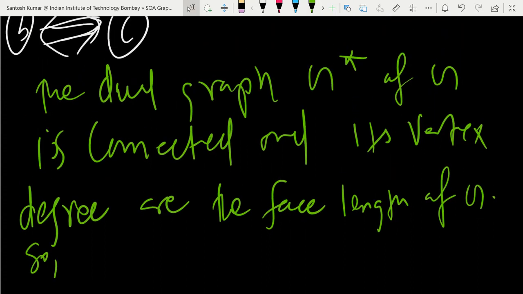So the length of a face and the degree of a vertex are equal. That's why both statements are equivalent.